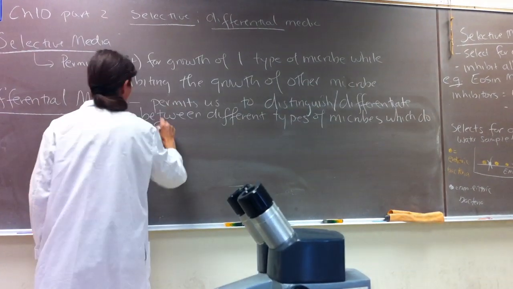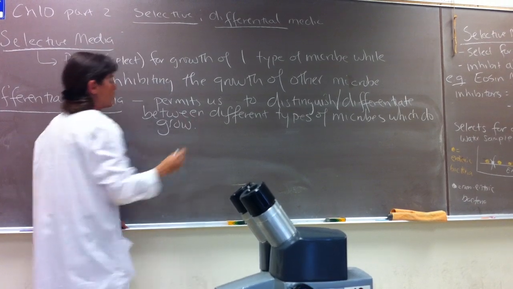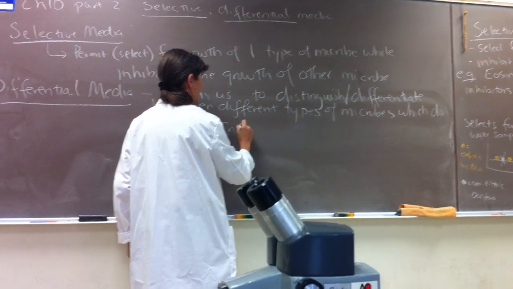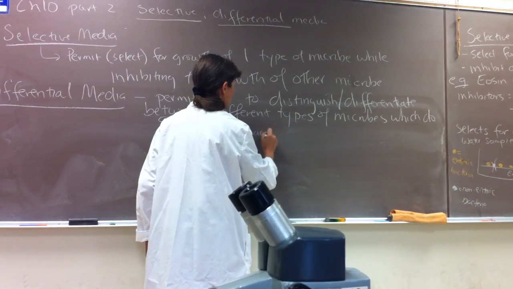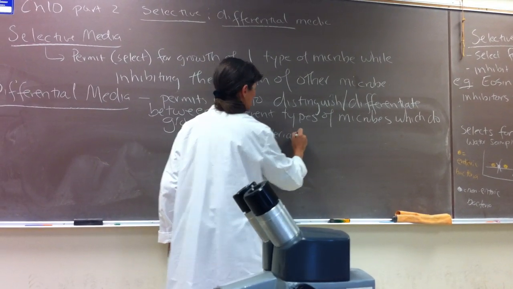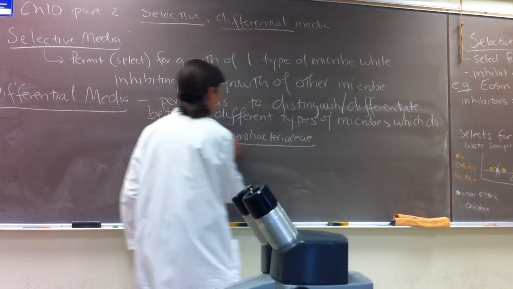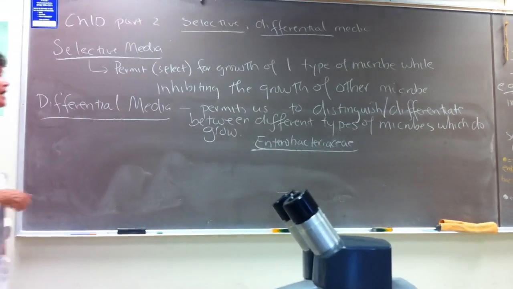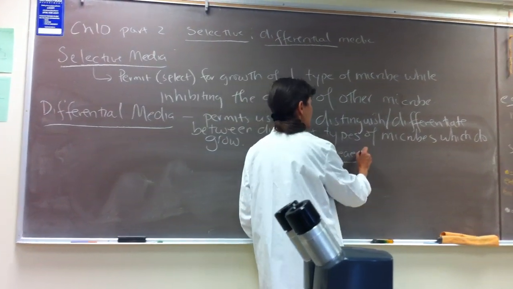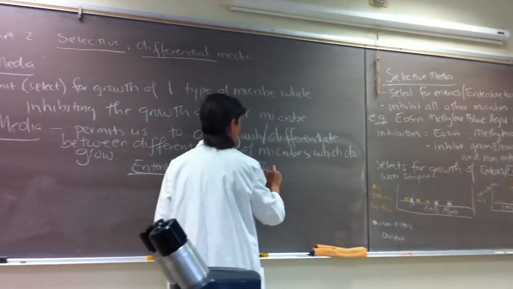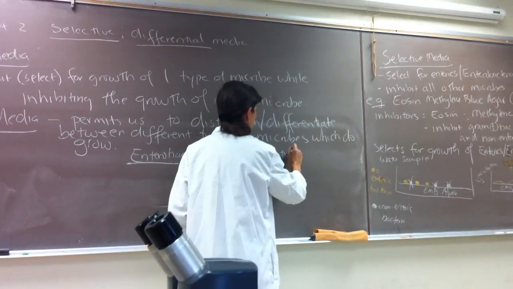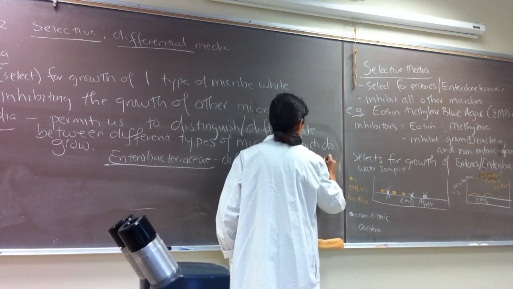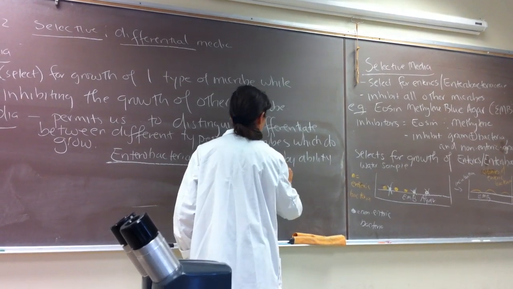So in our specific example of our selection for this big family Enterobacteriaceae, there's many different types of bacteria in this big family. So we want to differentiate between the different groups. And the way we're going to differentiate them is through their ability to ferment lactose. Differentiate by ability to ferment lactose.